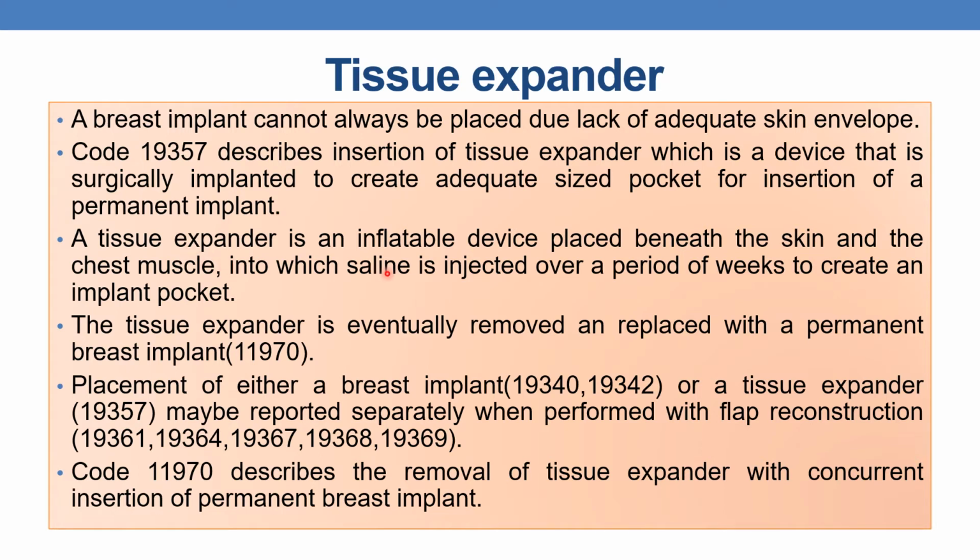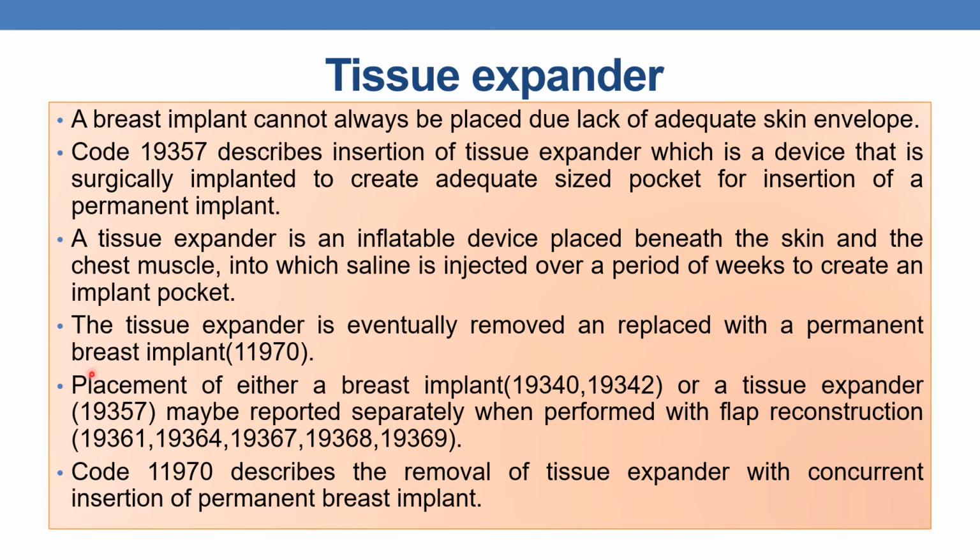The tissue expander is an inflatable device placed beneath the skin and the chest muscle in which saline is injected over a period of weeks to create an implant pocket. The tissue expander is eventually removed or replaced with a permanent breast implant, which is given by the code 11970.